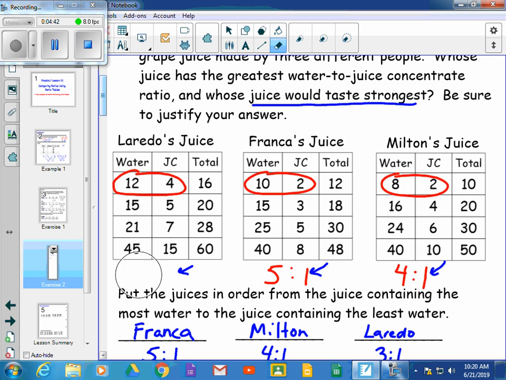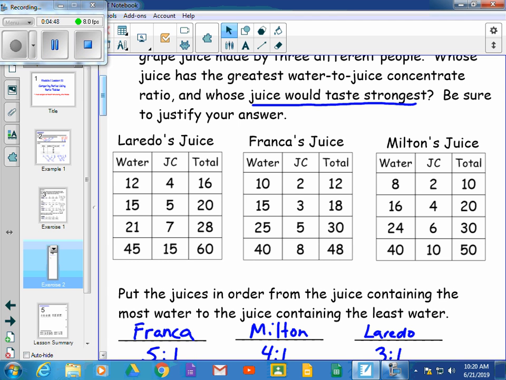Now another method that we can use is to compare 2 of the ratios at a time, not necessarily by simplifying them. For example, I'm going to look at the ratios of water to juice concentrate, the numbers in the first column of each of these tables, and I'm going to try to find ratios that have the same first or second number.